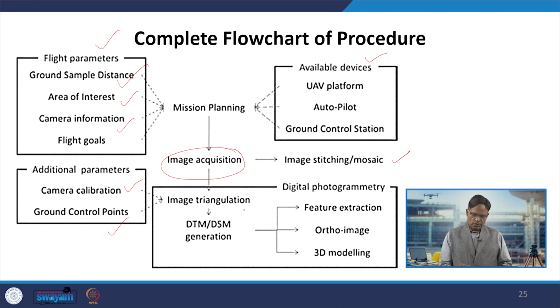Then, using the principle of photo triangulation, what we used to do in photogrammetry, we will create a digital terrain model or digital surface model and carry out feature extraction, 3D modeling, or creating the orthophotograph. This is the complete flow chart of the procedure, and it is systematically followed in order to determine the various parameters.